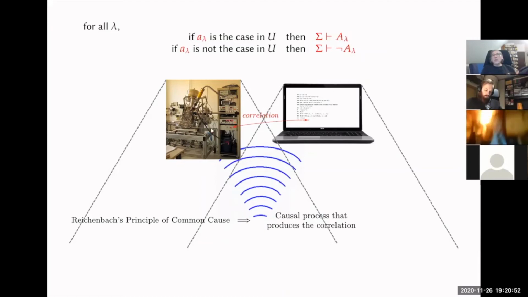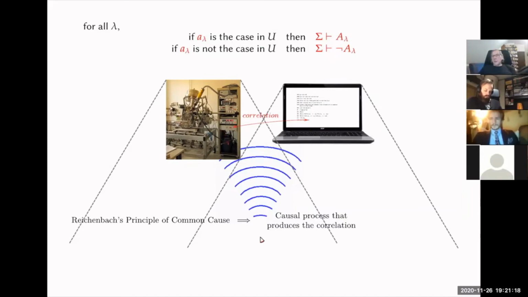And of course, if I have a correlation, then there must exist something available in the common causal past for both, because there must be something here in the common causal past having some causal influence on the things going on here and here.